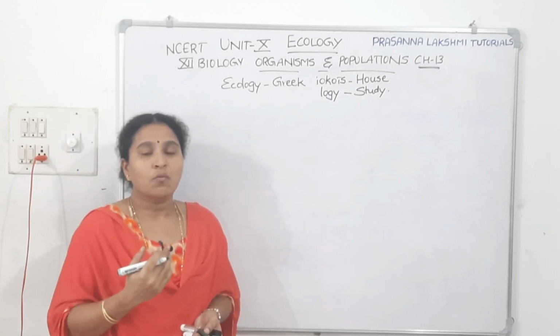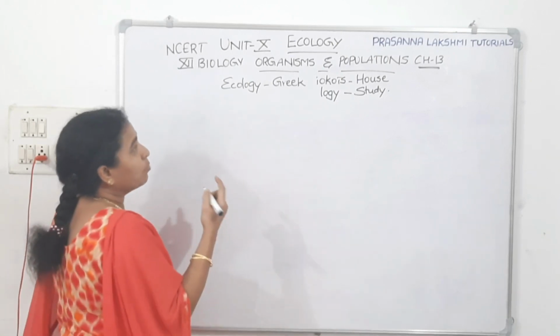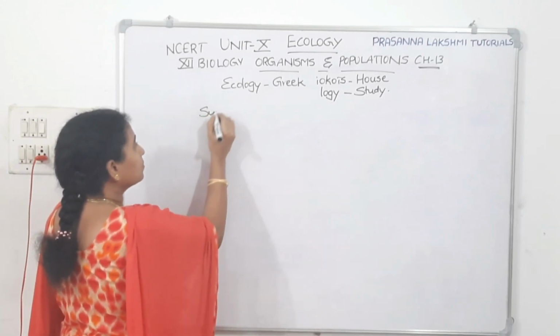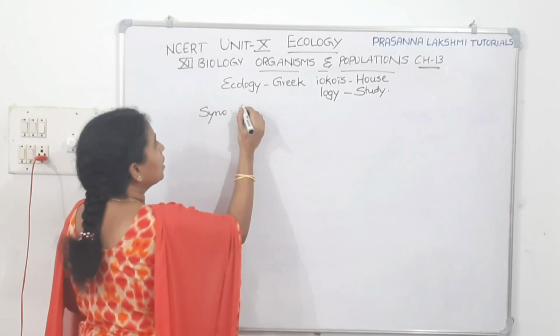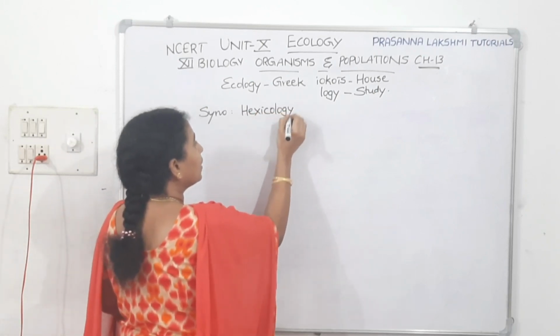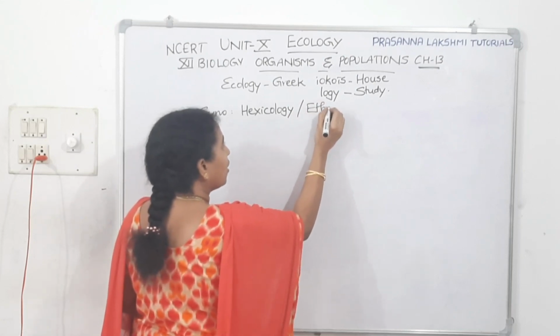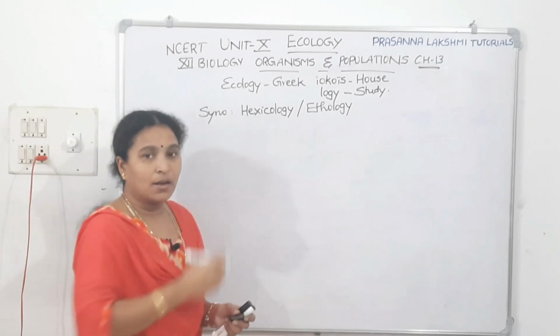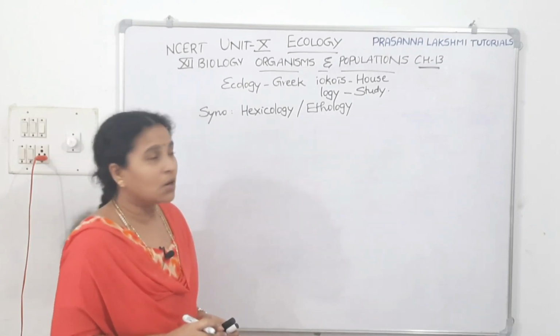And earlier, what are the terms of ecology? Before this term ecology was coined, what are the synonyms of ecology? One is called hexecology, other one is called ethology. These are the other names of ecology. Then who coined the term ecology?